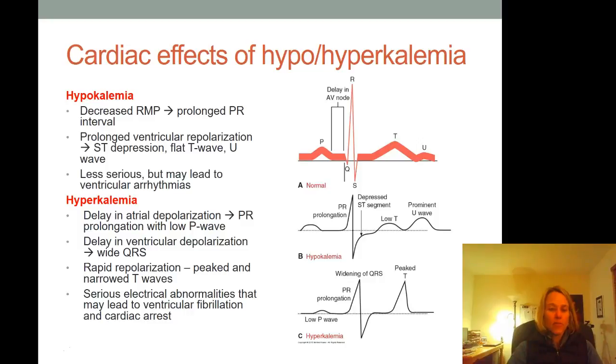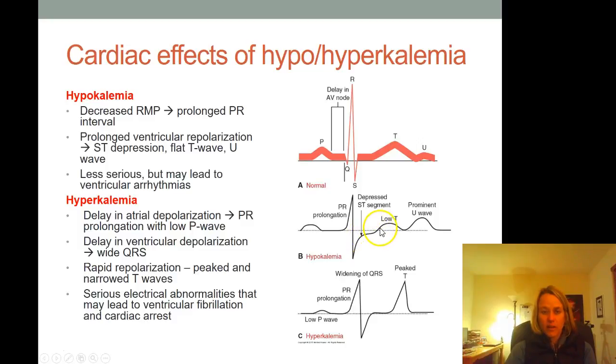And this is going to make the resting membrane potential more negative. One of the things this is going to do is cause a prolonged PR interval, because it's going to take just more time to reach threshold.